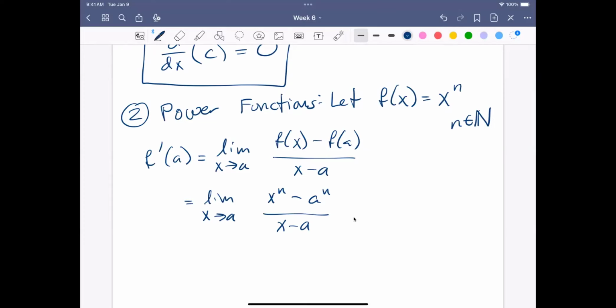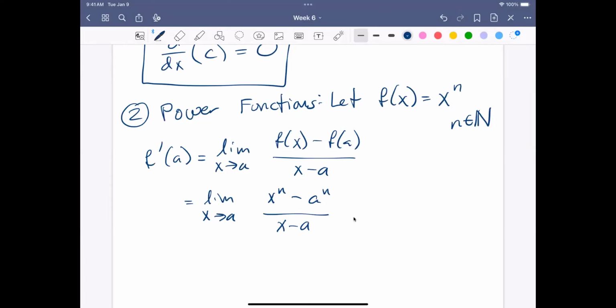Okay. So at this point, it might look like we can't do anything, but there is a way to factor our difference here, x to the n minus a to the n. If you've seen difference of squares and how those factor, this is very similar, but this is the more general case. So I can factor out an x minus a, and then what's remaining is x to the n minus 1 plus an x to the n minus 2 times an a plus, and then so on.